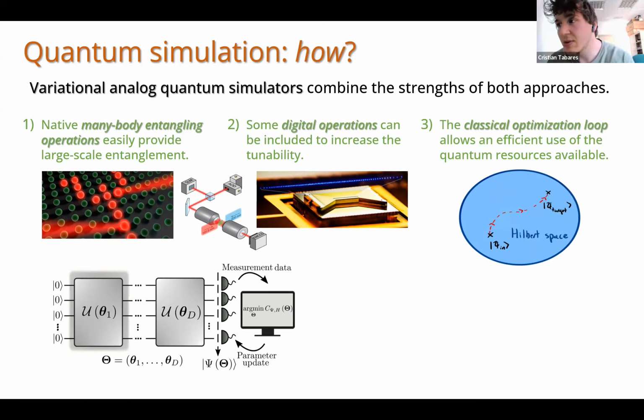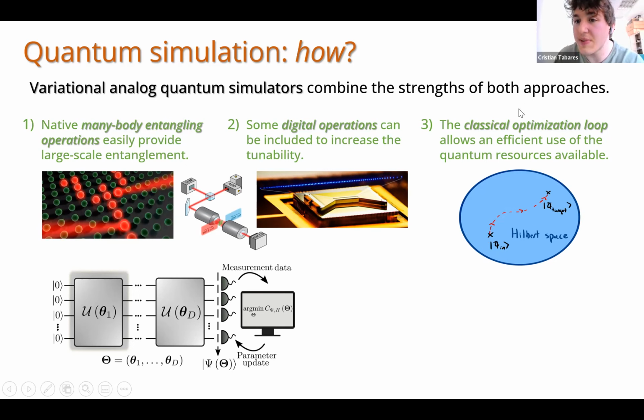It can also be some state that is useful for some metrological reason, whatever. We want to go from here to here, and we have to go through the Hilbert space. Our tool to travel the Hilbert space is this red line, our quantum resources, which in a variational analog quantum simulator are provided by these native many-body entangling operations and also some digital operations. And so this is our resource.